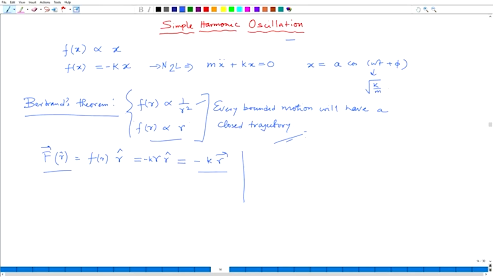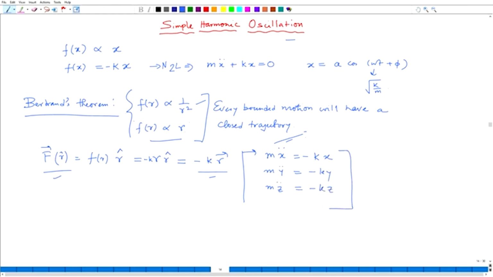If I write this in general 3D coordinates, you can write m x double dot is equal to minus kx, m y double dot is equal to minus ky, and m z double dot is equal to minus kz.